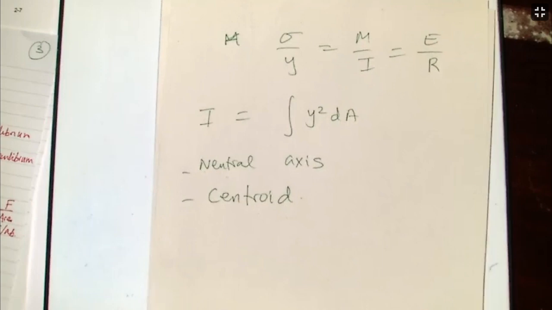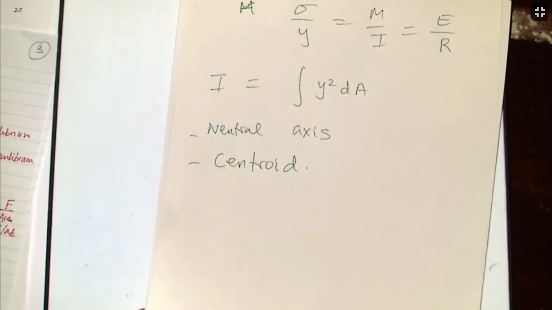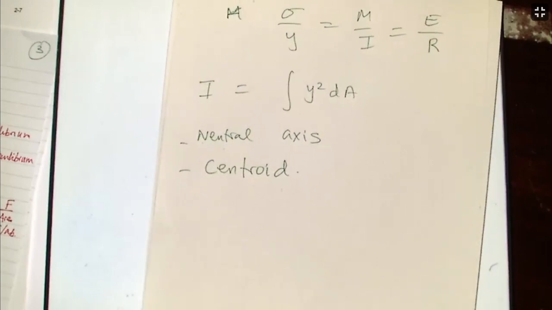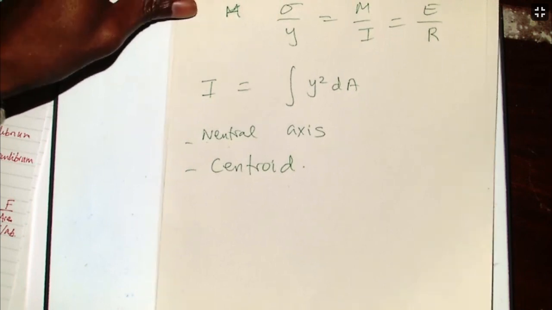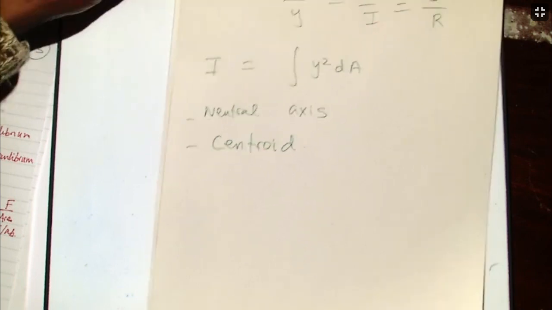So what is a centroid? Center of force, very close, not exactly. It's the center of area or the center of mass, okay? Let's see how we find the centroid.